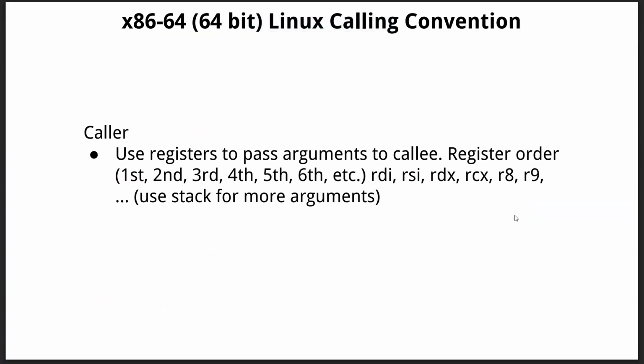In the 64-bit version, like I said, the first argument goes to RDI, second argument RSI, third argument RDX, RCX, R8, R9. Okay. This is actually quite important later when we try to hack. Because a lot of hacking we are trying to do is to overwrite the memory.